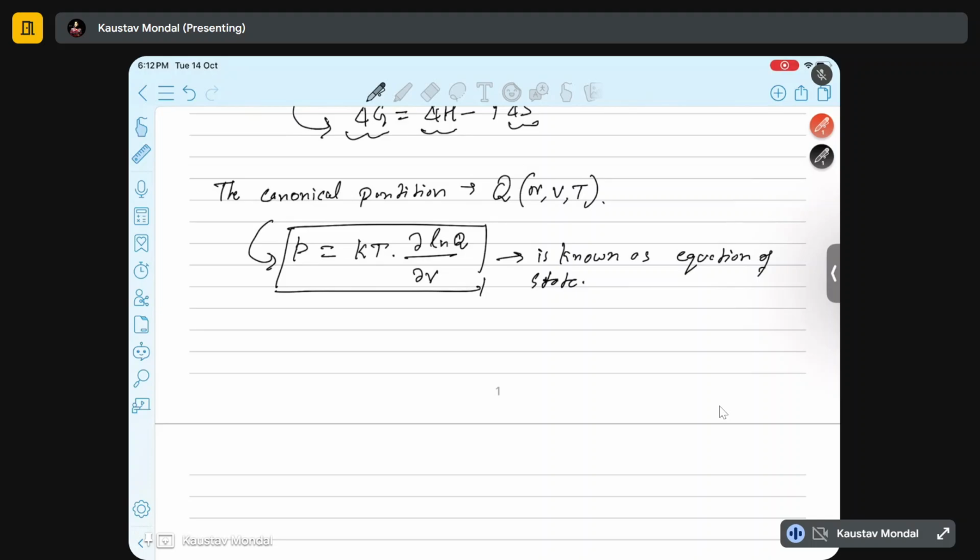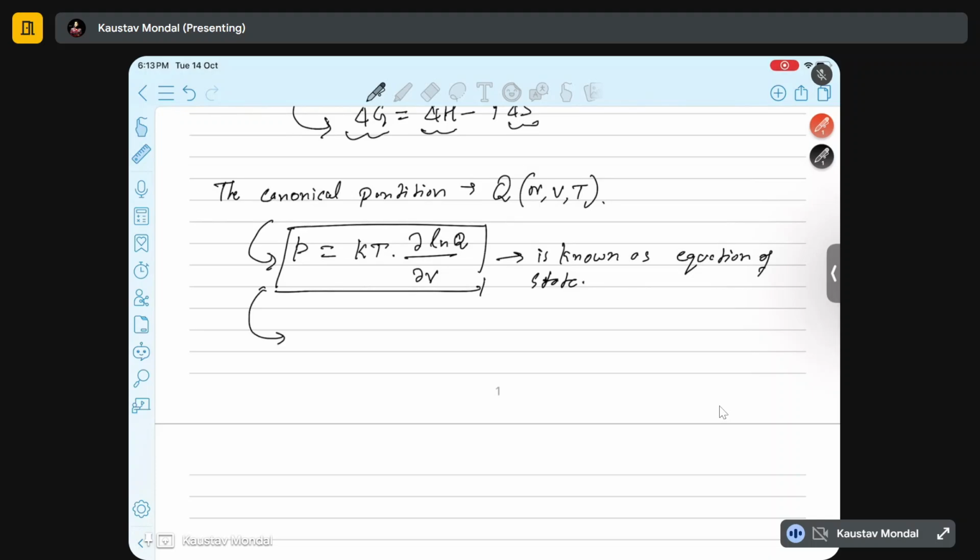So for any kind of system, this is a very general equation. It's not a specific application type of equation. Whatever system you have, if you are able to get the expression of its canonical partition function, then putting that expression into this relation gives you the equation of state for that particular system.